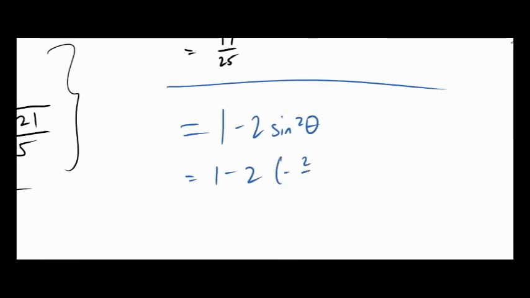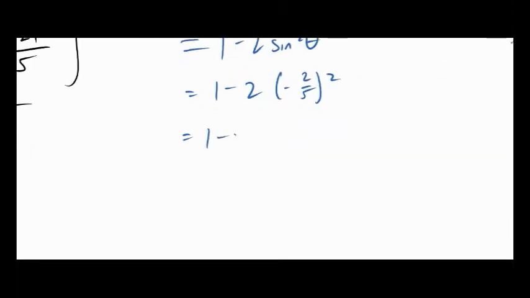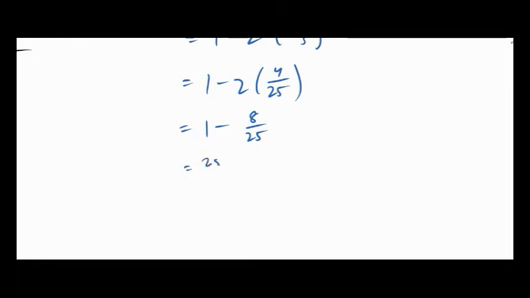So negative 2 over 5 all squared, which is 1 minus 2 times 4 over 25, which is 1 minus 8 over 25, which is 25 over 25 minus 8 over 25, which is 17 over 25. Same answer.